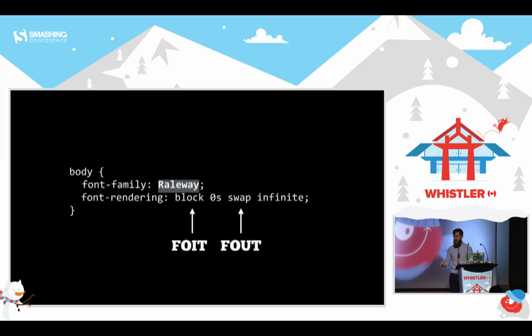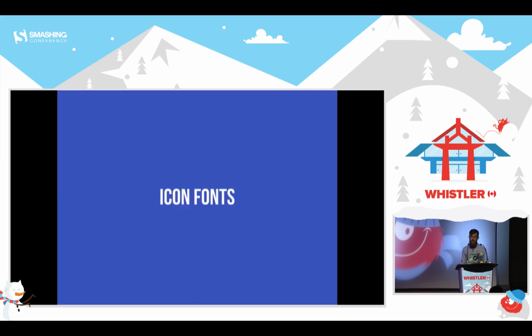And this is kind of the syntax that they're going with currently. You can set your 0-second timeout for your flash of invisible text and an infinite timeout for our flash of unstyled text. So this is emulating the same behavior that we just went over. But for icon fonts, it's quite a bit different.